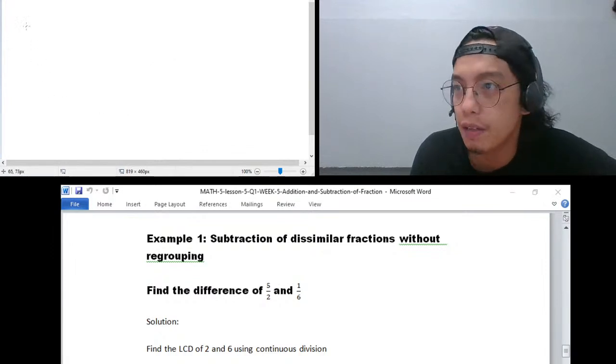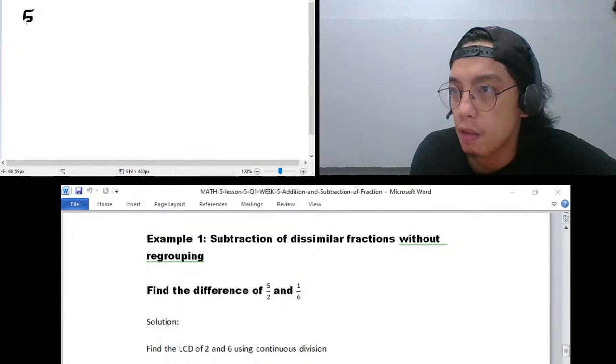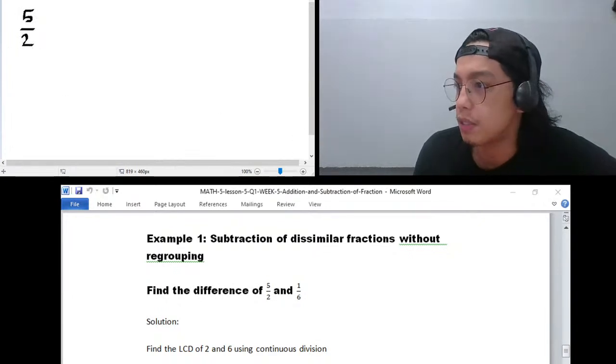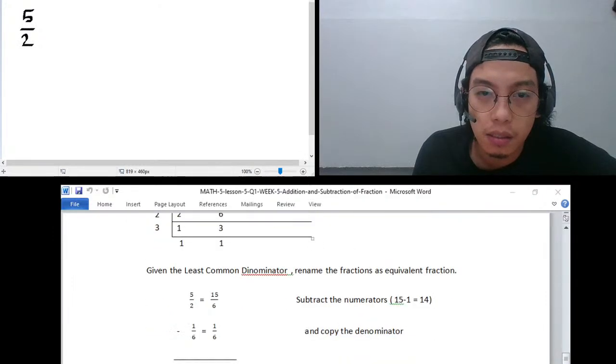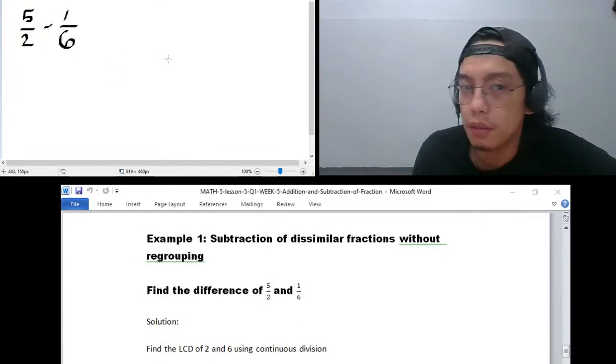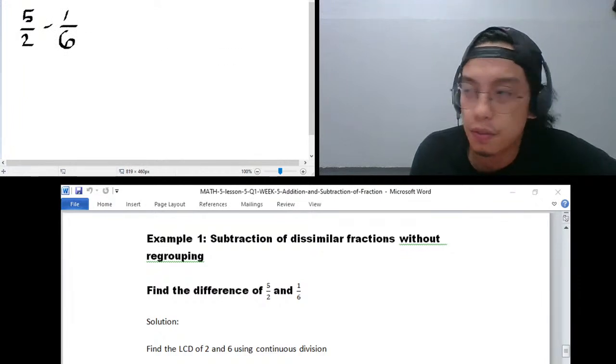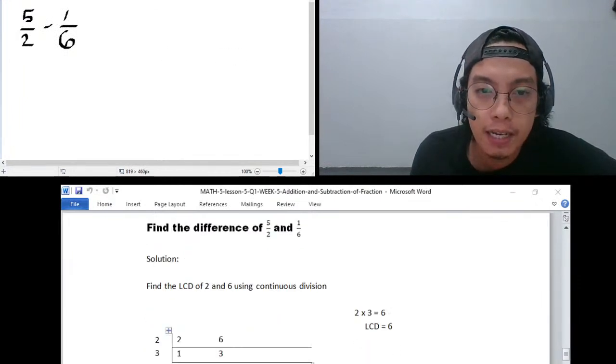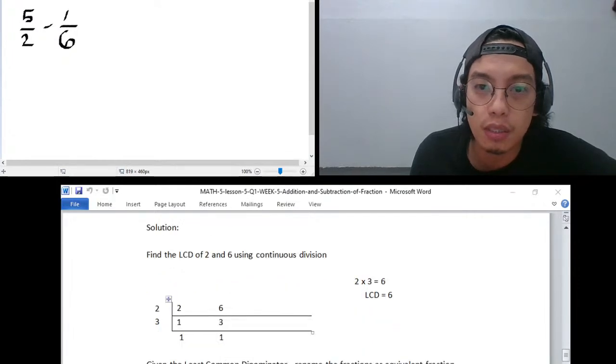Alright. 5 over 2 minus, dapat, minus 1 over 6. Correct. Okay. So, ang first na gisulti is find the LCD of 2 and 6 using continuous division.